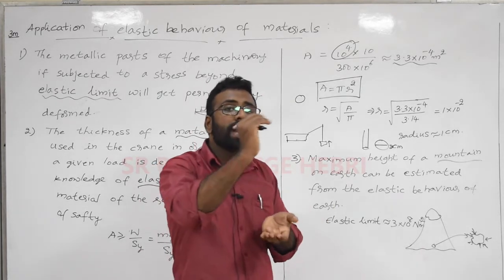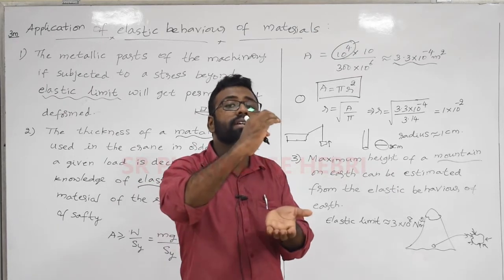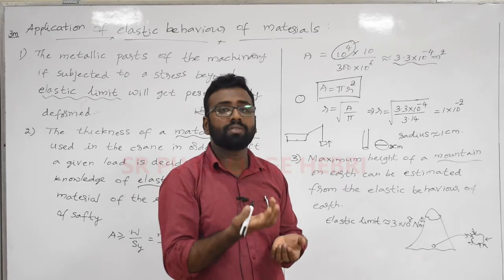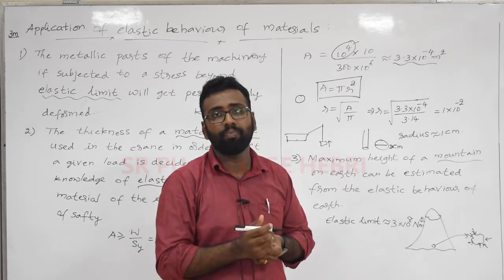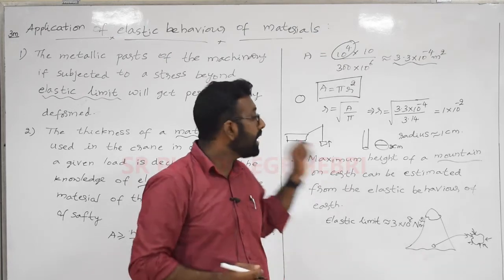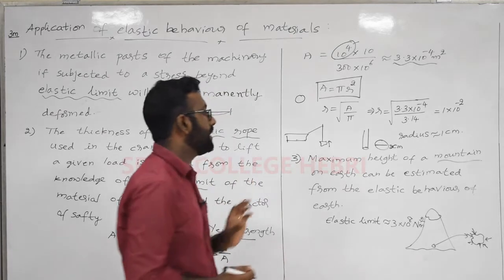Okay, so how this height is decided, and why Mount Everest cannot have height greater than that of this 8.5 or approximately 8.9 value? Why it is limited? So that is actually calculated from the elastic properties.